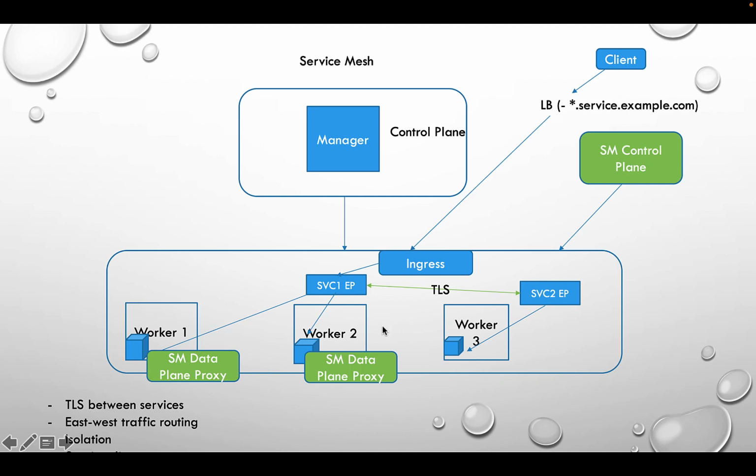But the requirement and use case for using a service mesh has been growing ever since, with new products coming in, because a service mesh gives you more security and also service discovery. Plus, within multi-cluster it allows east-west traffic, which means if this service wants to talk to another service, the service mesh comes into the picture.